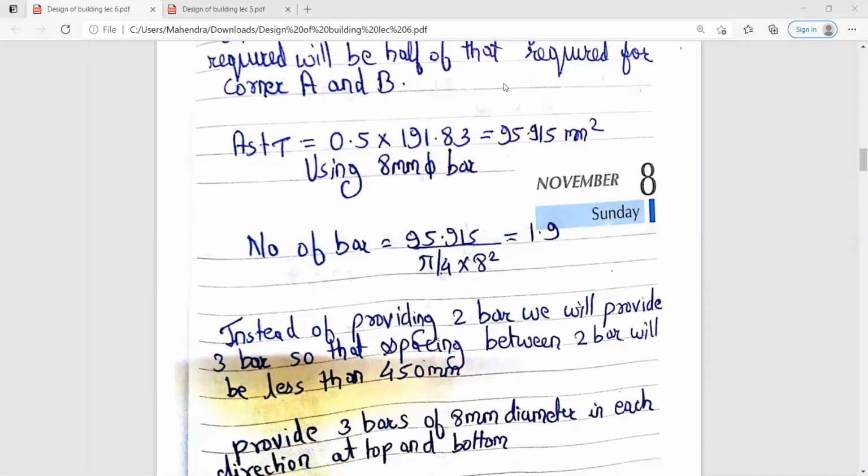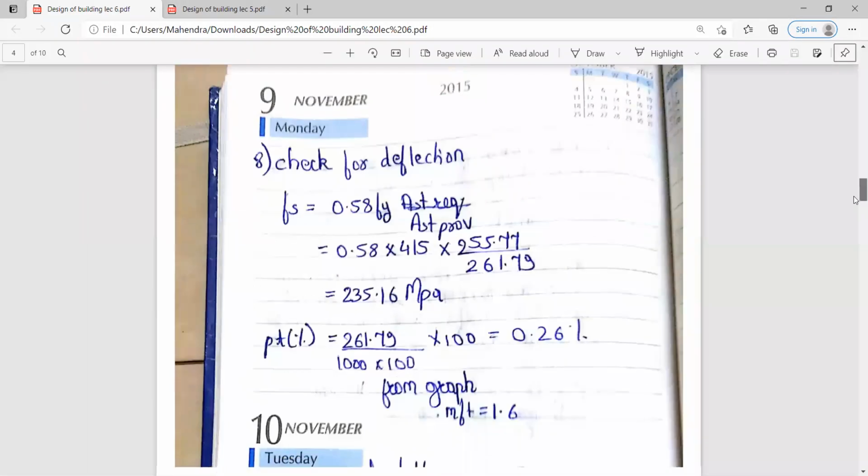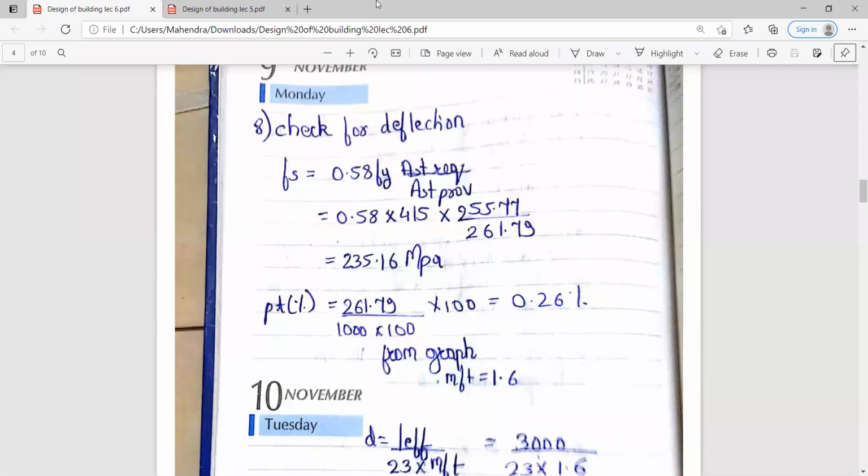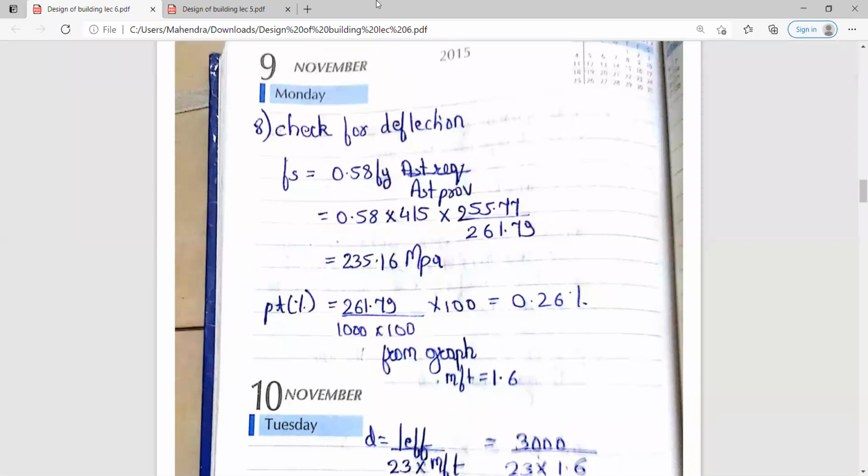Now proceeding further, you need to do the check for the deflection. To check deflection, you have the formula in your IS code, on page number 38 of IS 456-2000. From there you get the value for Fs. The formula to calculate Fs is 0.58 into Fy into AST required upon AST provided.